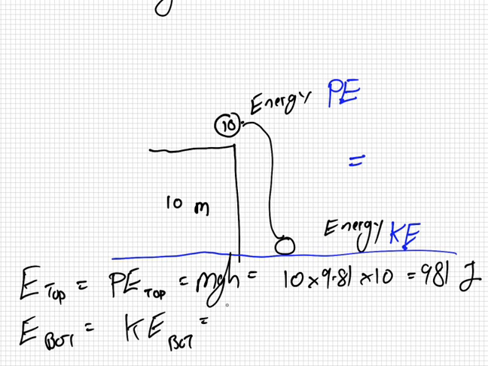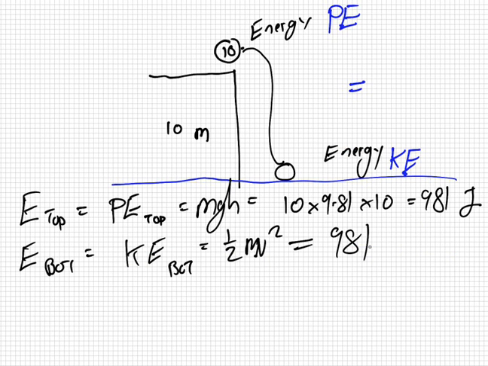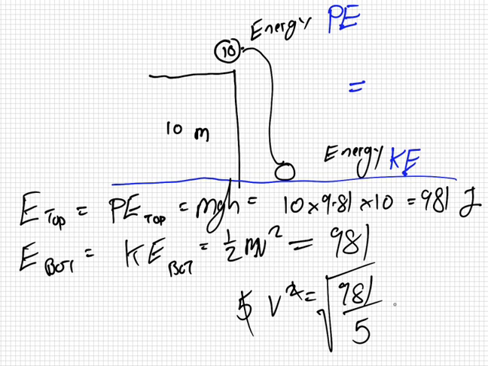What's the formula? A half mv squared. And that must equal 981. It doesn't change. So a half m, that's 5, v squared equals 981. So, do a little bit of simplifying. What do I get there, please? 14.007, so 14 meters per second.